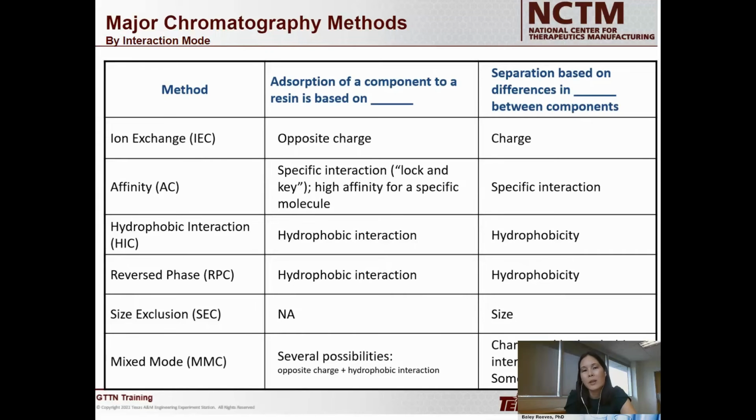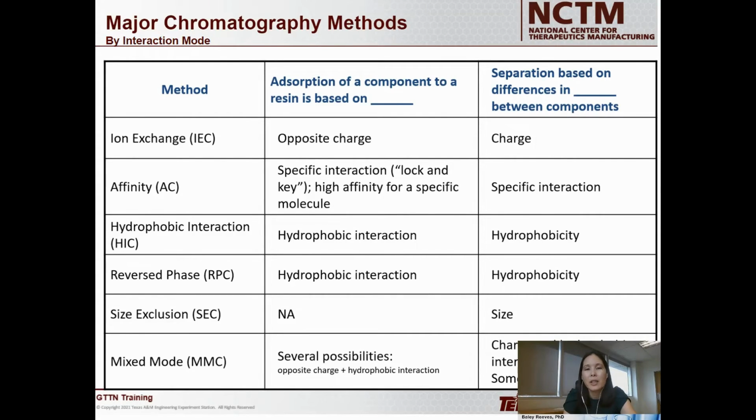So there are affinity resins, for example, that will specifically bind to certain serotypes of AAV, and everything else will flow through. So affinity resins are really powerful in that you're able to get really high purities because that interaction is so specific, just based off of a single column step.